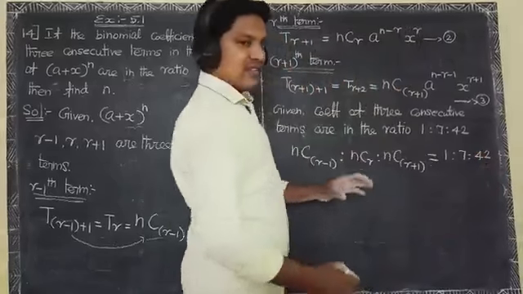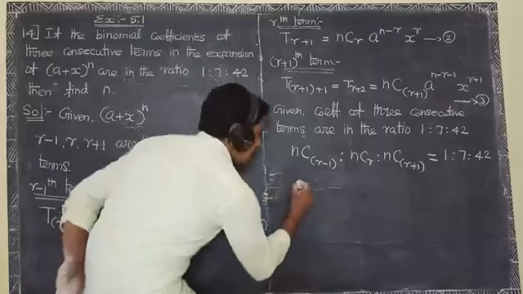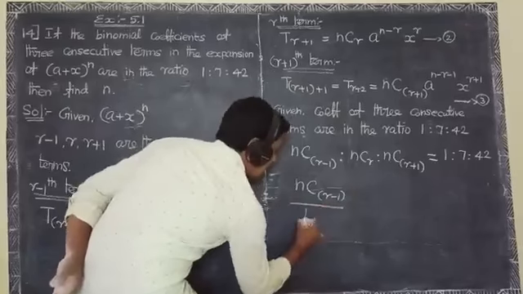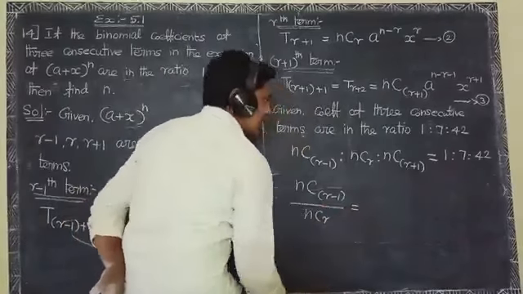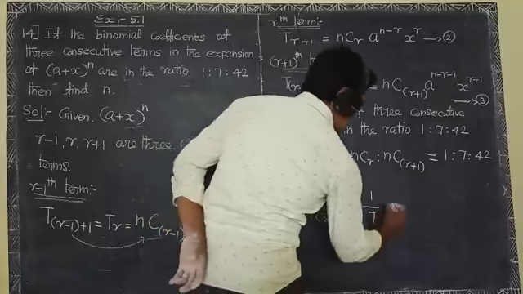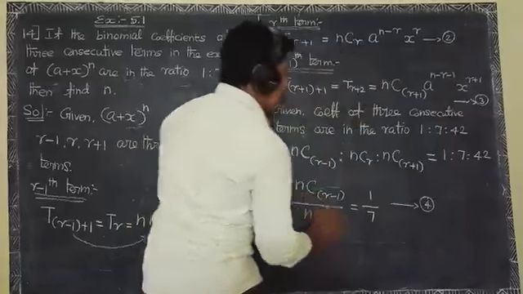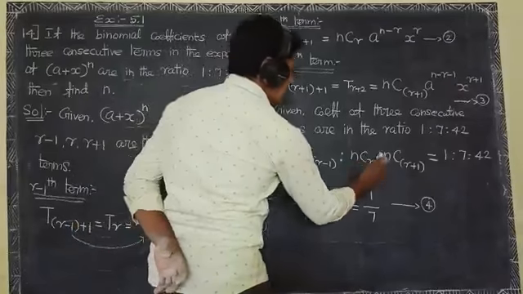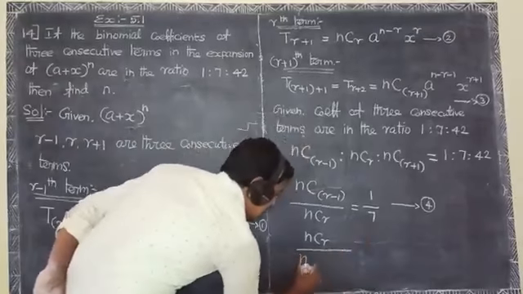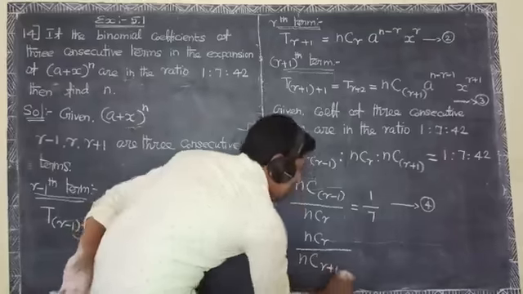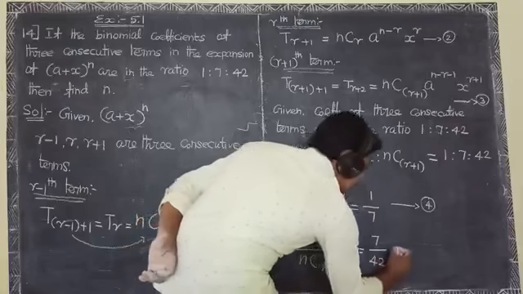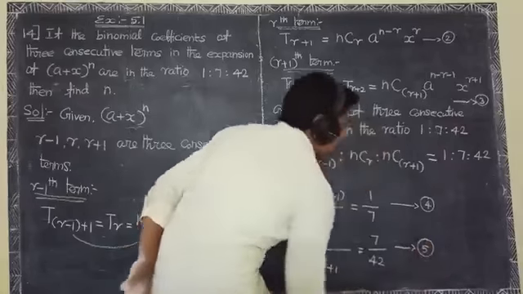Here nC(r minus 1) divided by nCr is equal to 1 divided by 7. This is equation number 4. Then the other one is nCr divided by nC(r plus 1), which is equal to 7 divided by 42. This is equation number 5.